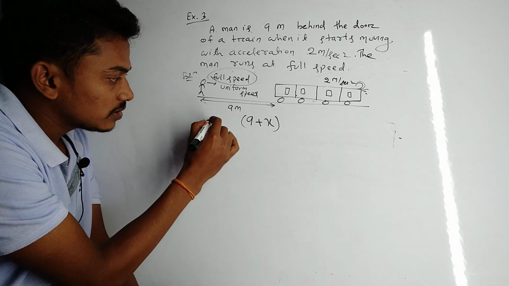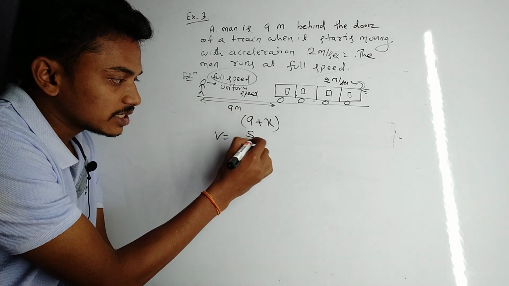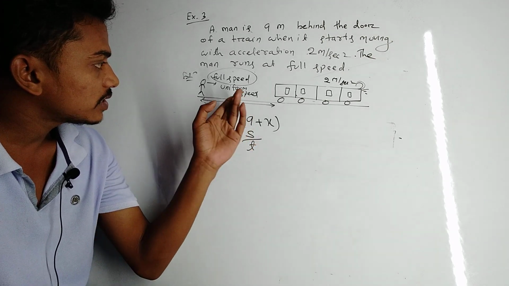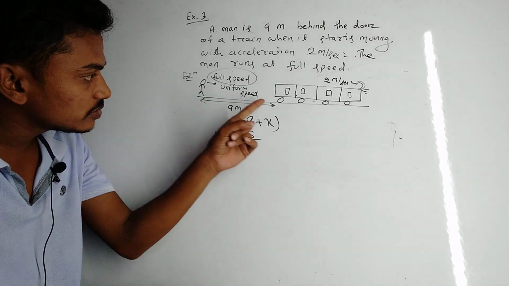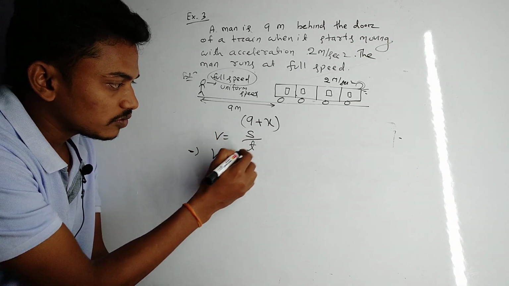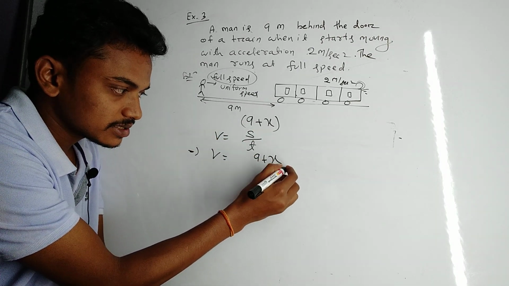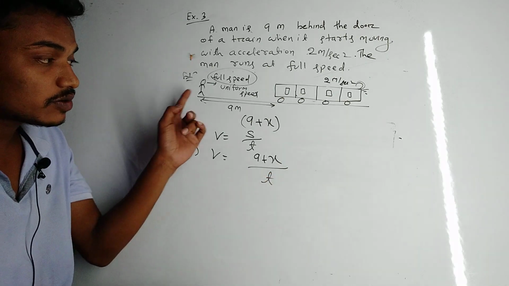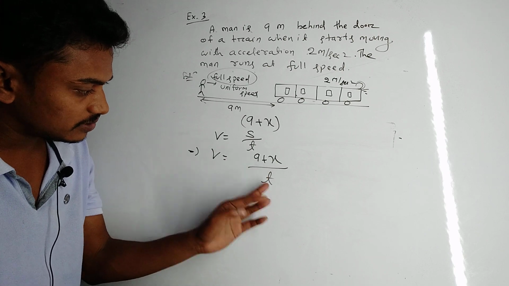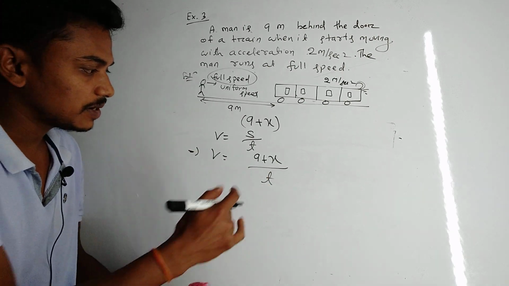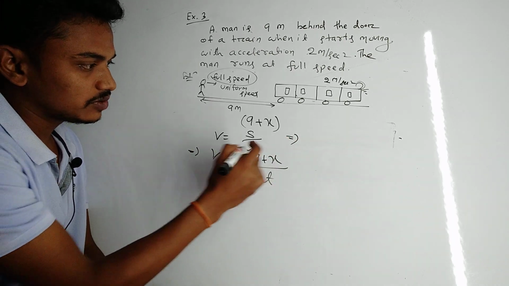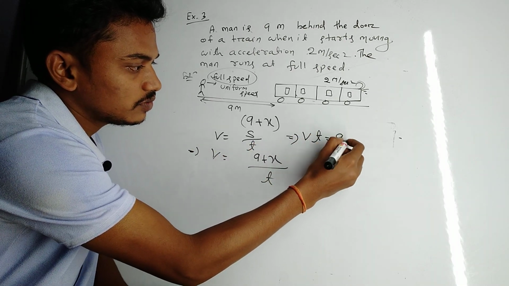So we know velocity equals distance by time. This formula is only applicable when the motion is uniform. Here the motion is uniform, so we can use velocity equal to distance, 9 plus x, by time. Let the time taken by the man to get into the train be t. So this implies v into t equals 9 plus x.